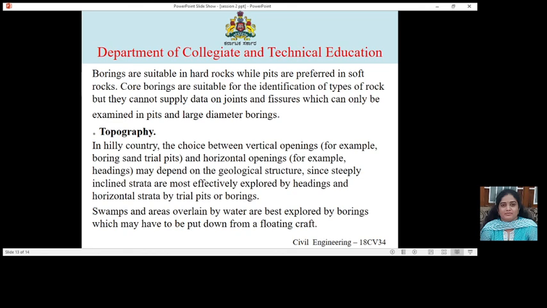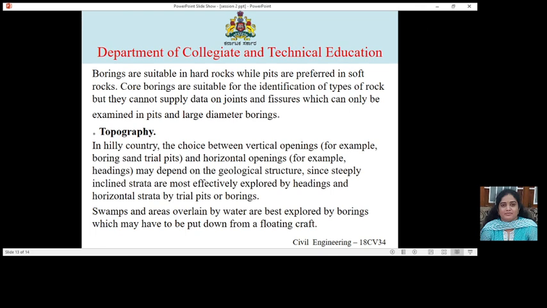And the next is the topography of the site. In hilly country, the choice between vertical openings, for example borings and trial pits, and horizontal openings, for example headings, may depend on the geological structure, since steeply inclined strata are most effectively explored by headings and horizontal strata by trial pits or borings.